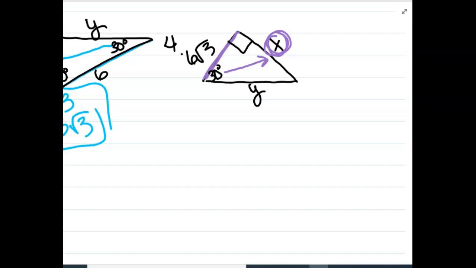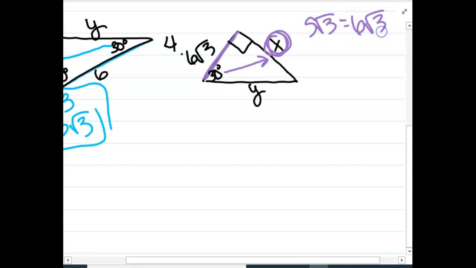Now remember, in a 30, 60, 90 triangle, that leg equals S square roots of 3. Well, I know when I take S square roots of 3 in this triangle, I get 6 square roots of 3. So what is S? 6, right? S square roots of 3 equals 6 square roots of 3. S has to be 6. So we're going to make those equal. Which means what variable is 6?